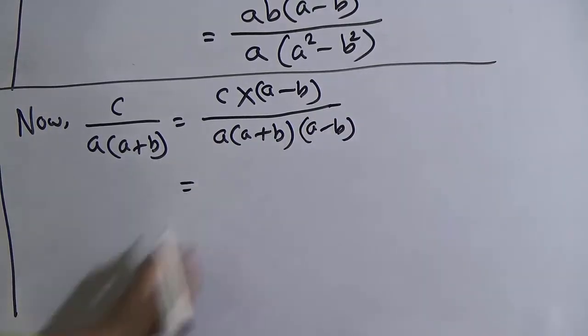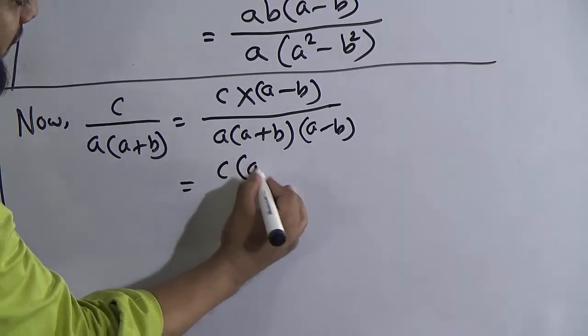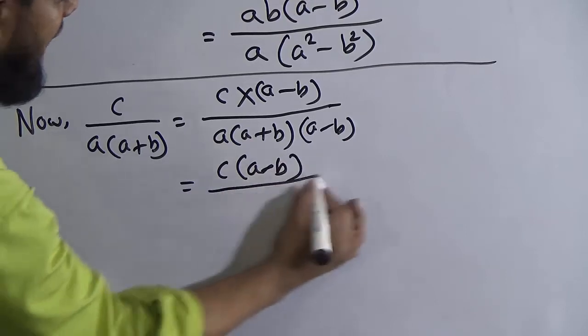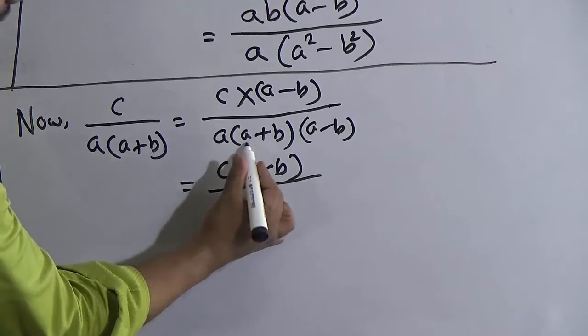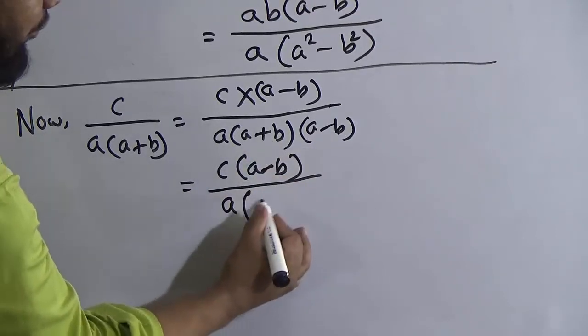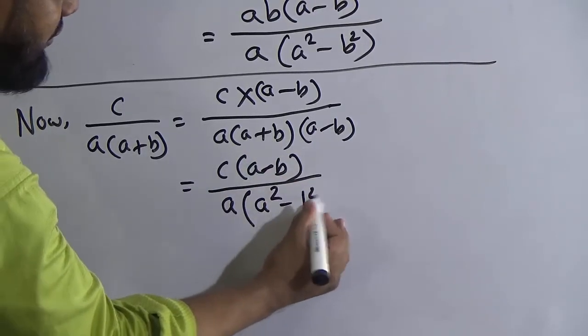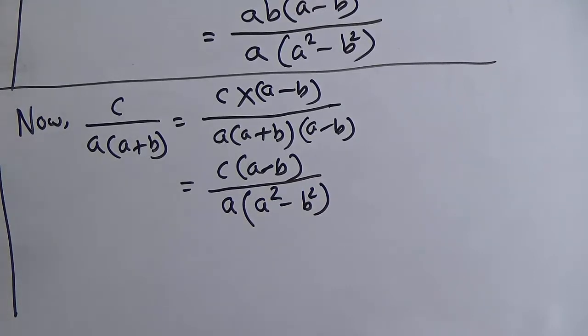Now we have c into a minus b as our numerator, and our denominator is the same, a remains unchanged, and a plus b into a minus b is the formula of a square minus b square. Now my students, look, all the fractions have a similar denominator.